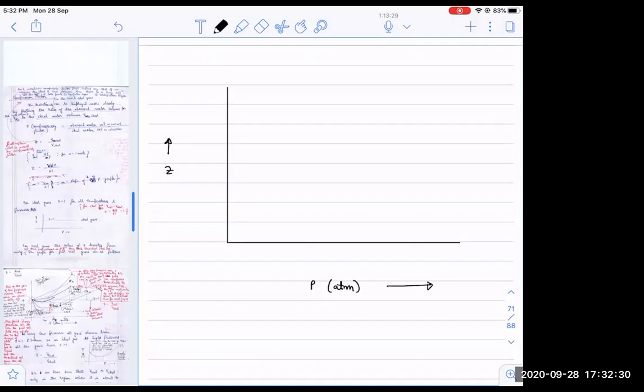Now let us also mark a line Z is equal to 1. This is the line Z is equal to 1. Z is equal to 1, you all know, is for an ideal gas at all pressures.